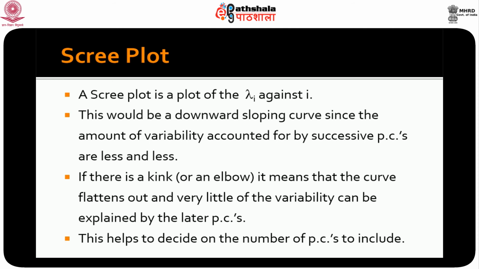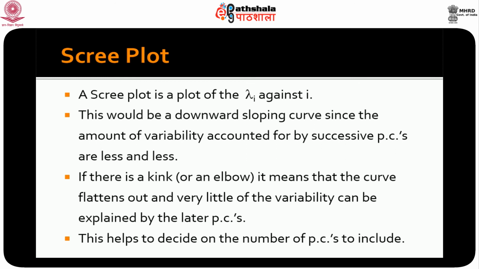This way you would be discarding very little of the information contained in the remaining eigenvalues, which would be turning out to be very small. So, additional eigenvalues, if you bring them in now, would not account for much variability.